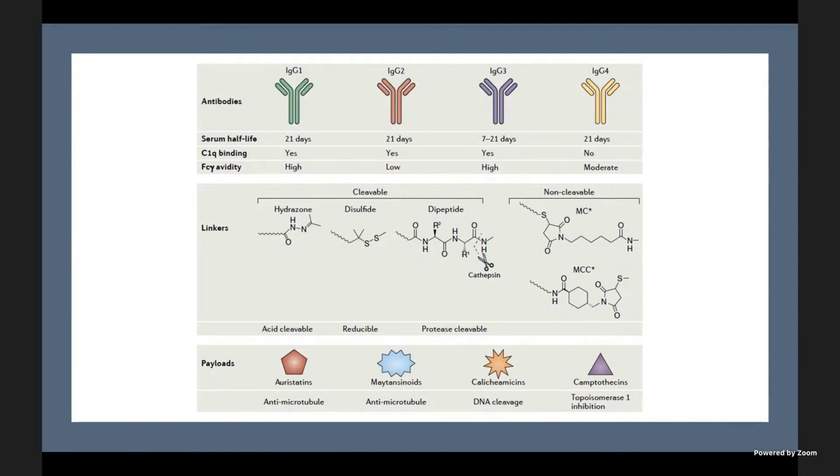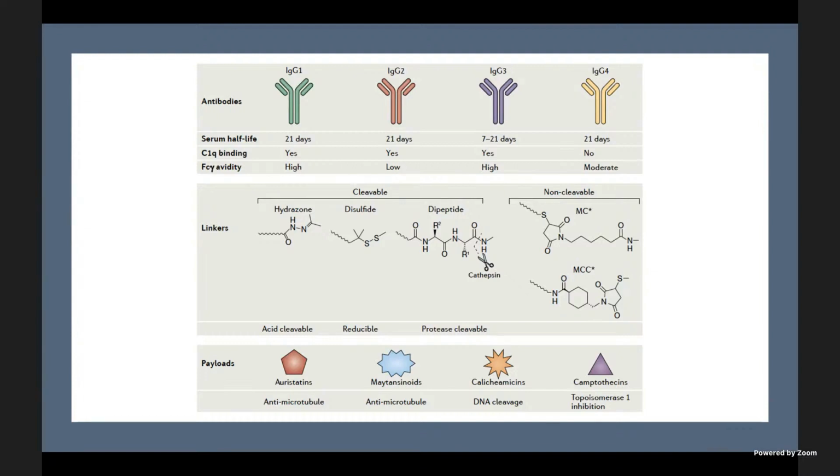If the linker is cleavable, that means the active agent will be broken off. And after it has broken off, it is free to spread into the tumor microenvironment. Second problem with a cleavable linker would be that it can get cleaved even while in circulation. So your side effects might be a little more.